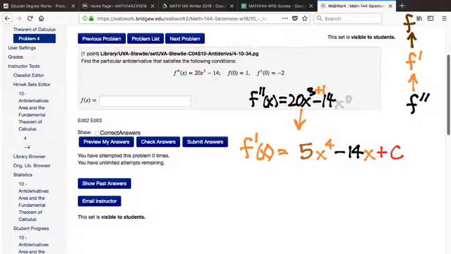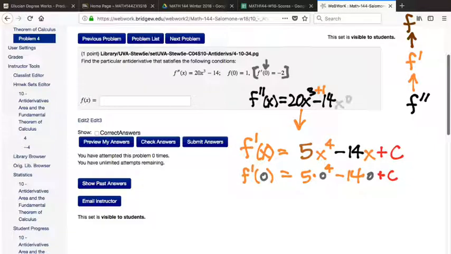Minus 2. And so it does turn out that c is -2 in this example, but that's right. It's not always going to be that simple. The reason it works in our case is that the x value that we're using here is x equals 0. And sure enough, when I plug a 0 in for x into my antiderivative, every term except for that c term just disappears. Right? 5 times 0 to the fourth minus 14 times 0 plus c.